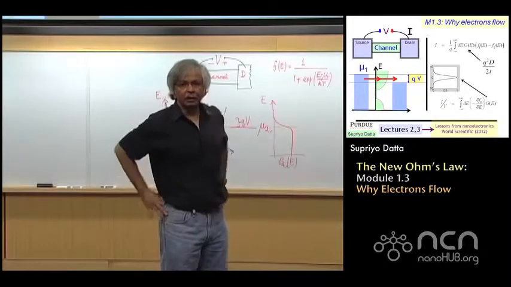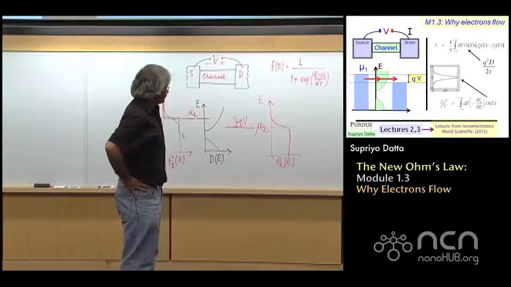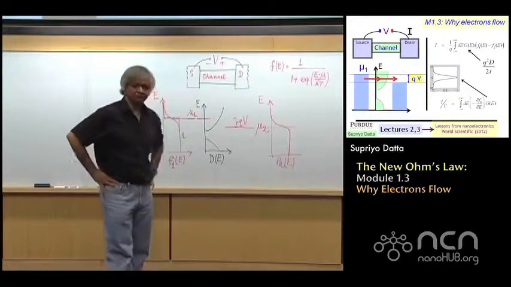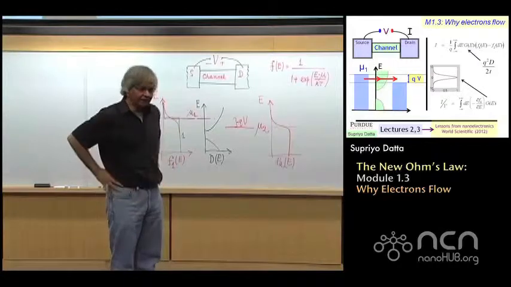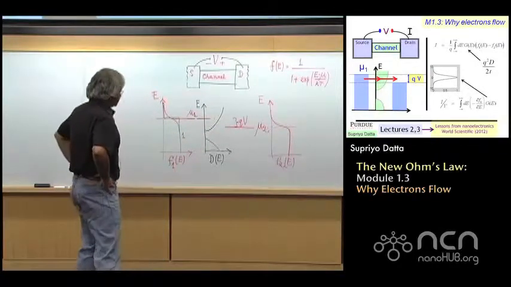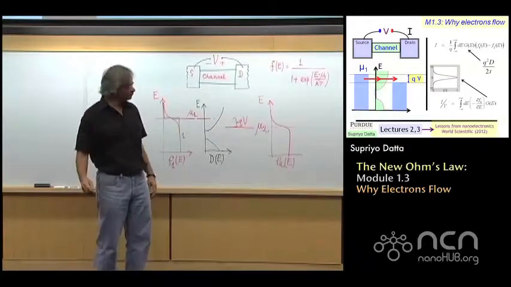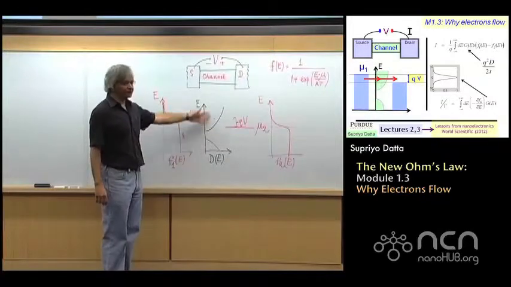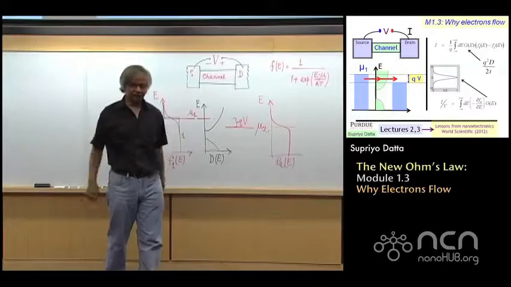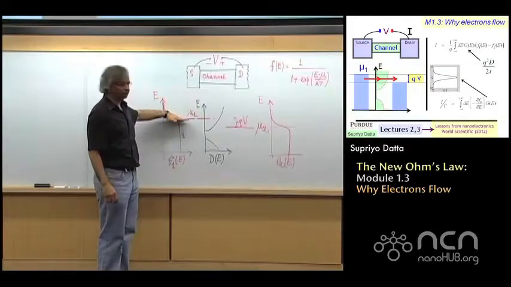Welcome back to week 1, module 1.3. In this module, we'll try to obtain an expression for the conductance or resistance. It will be based on the picture we developed in the last module: you have a density of states, and two big contacts, these reservoirs with lots of states filled with electrons up to a certain level.